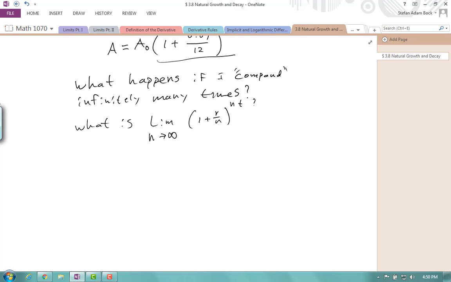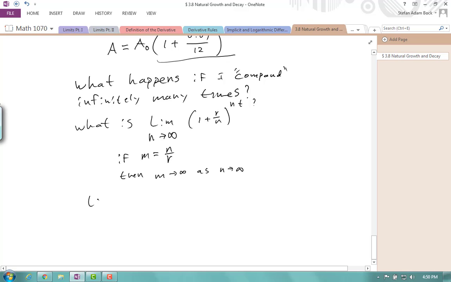Well, it turns out we do a little change of variable for this problem. If m is equal to n divided by r, because the rate is not changing but the n is, then m goes to infinity as n goes to infinity, and I can rewrite my limit as m goes to infinity.